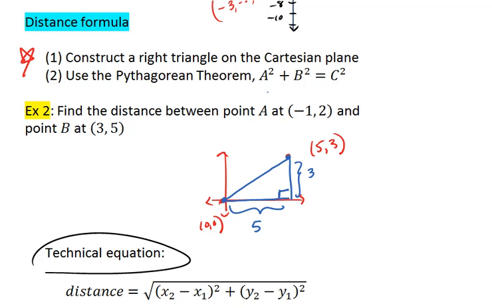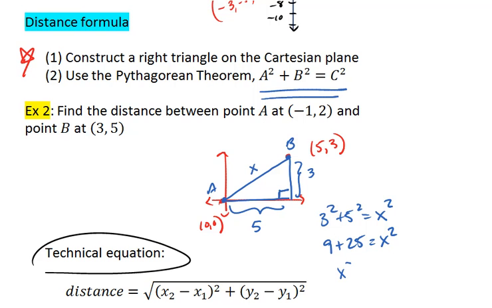We can use the Pythagorean theorem to find the length between points A and B. So we have 3 squared plus 5 squared equals x squared. 9 plus 25 equals x squared. X squared equals 34.